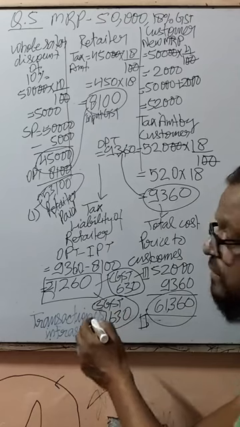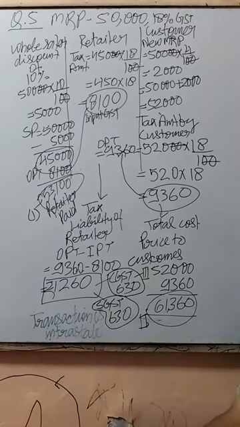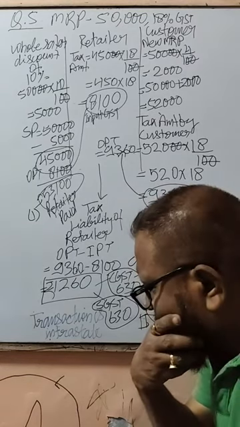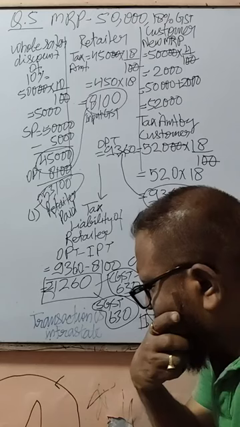That is 4,680. What are you saying, by the way? The amount of tax under GST received by the state government.